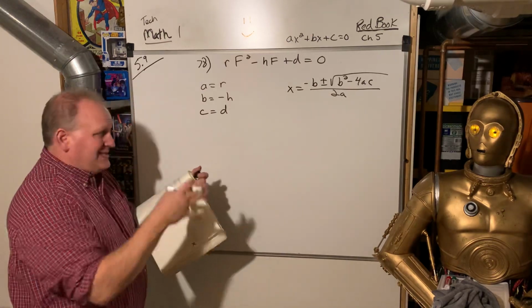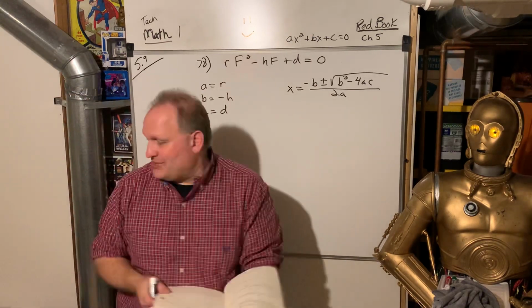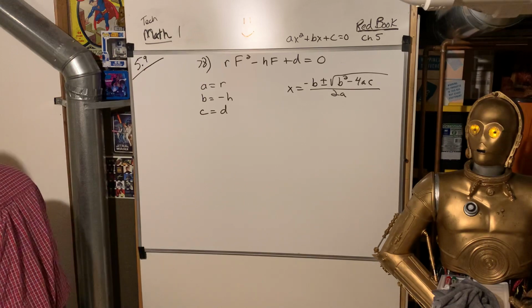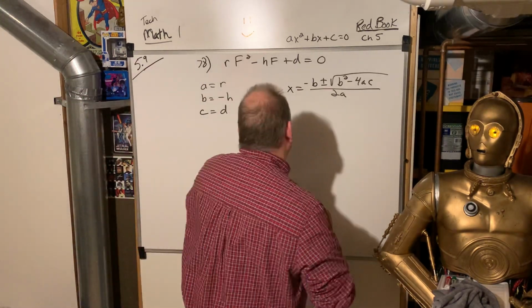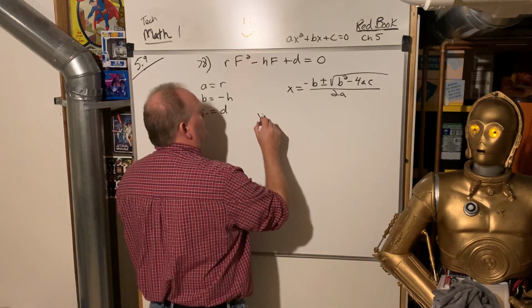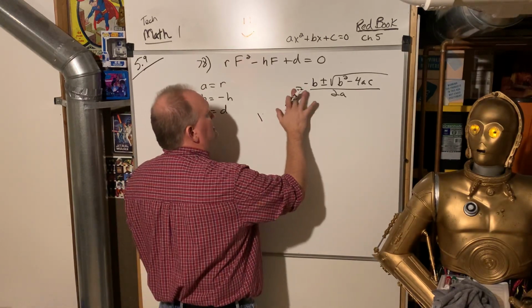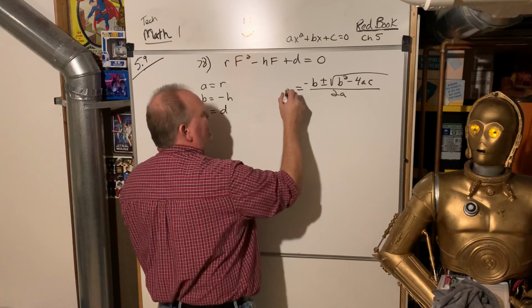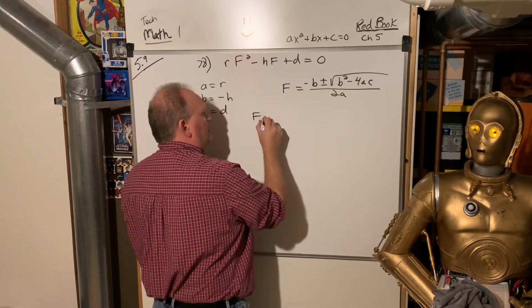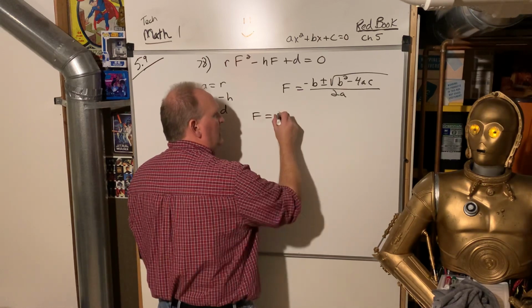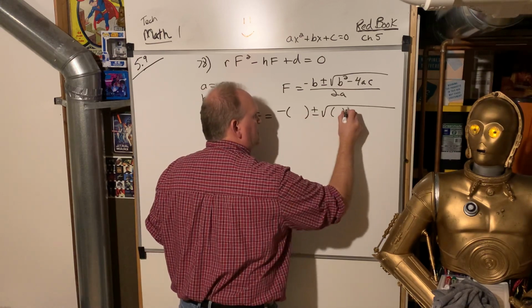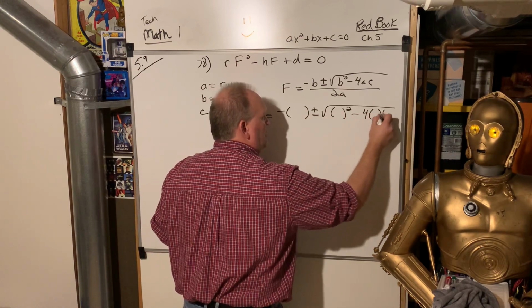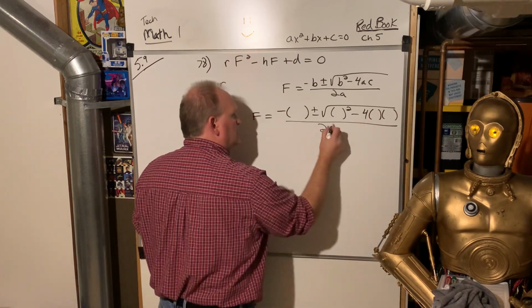So we're going to put these in, but we're not going to be able to calculate. It's just going to be a bunch of letters in our answer. All right? So let me put those in here. I guess it's not X in this case. It's F. So F is equal to, and I'm going to do the opposite of B, plus or minus the square root of B squared minus 4AC all over 2A.